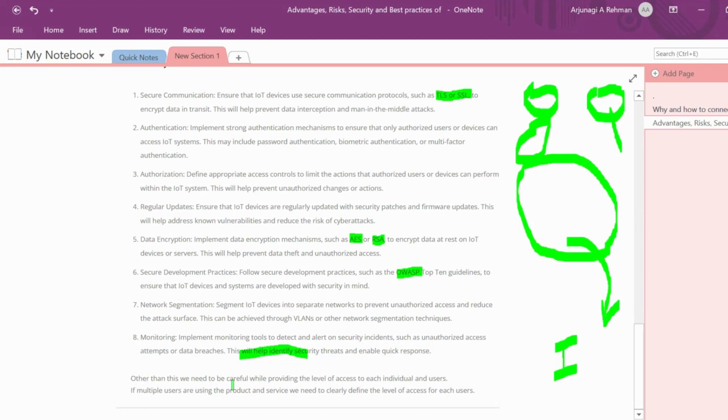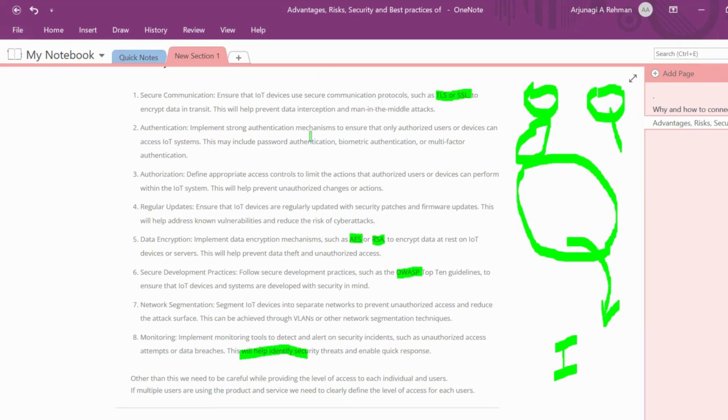Other than this, we need to be careful while providing the level of access to each individual user. If multiple users are using the product and service, we need to clearly define the level of access for each user.